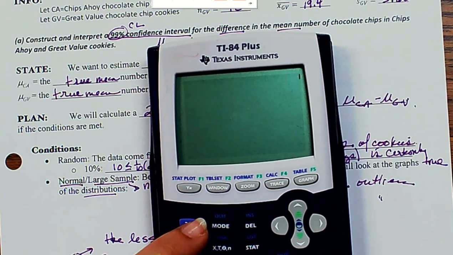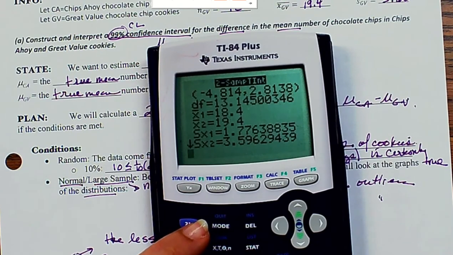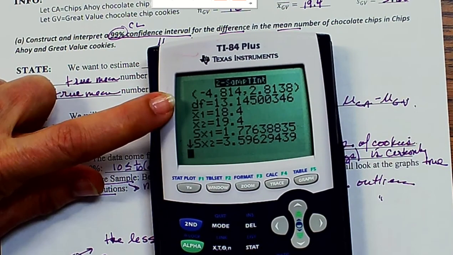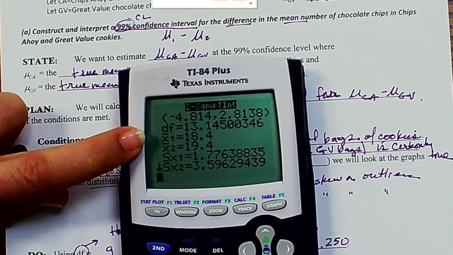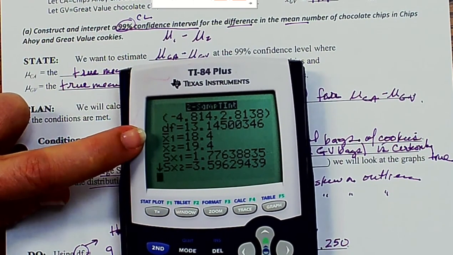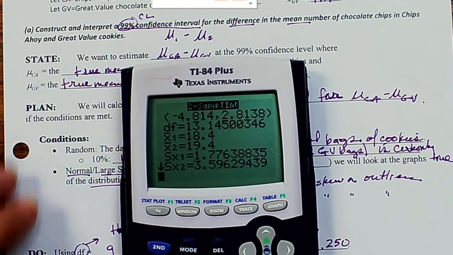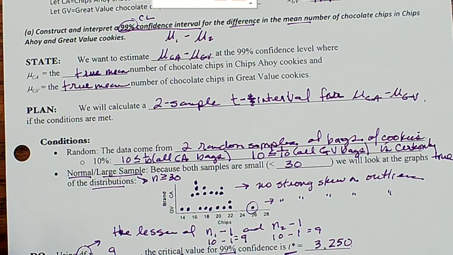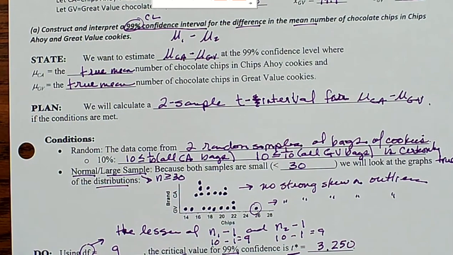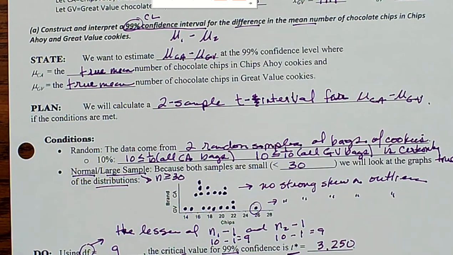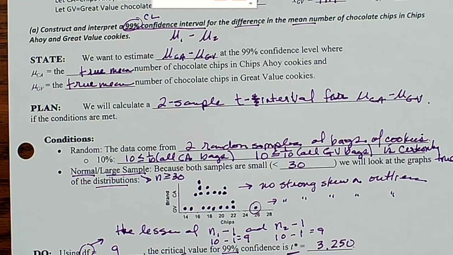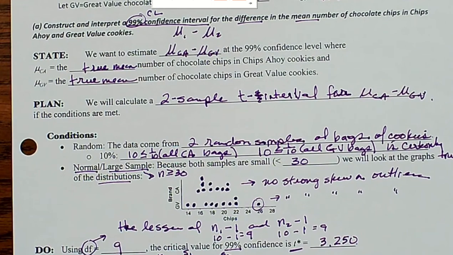We're going to come down and calculate, and we're given our interval. We're given a more specific degrees of freedom than we estimate with 10 minus 1. So from this, we're going to record this. The important things to record are your interval, -4.814 to 2.814, and we get a more precise interval because we had a more precise degrees of freedom. The degrees of freedom our calculator gives us is 13.145. So we would want to record both of those.